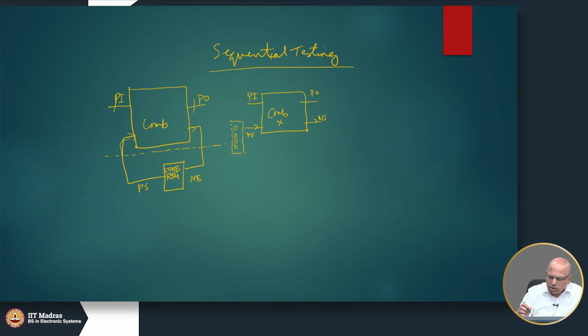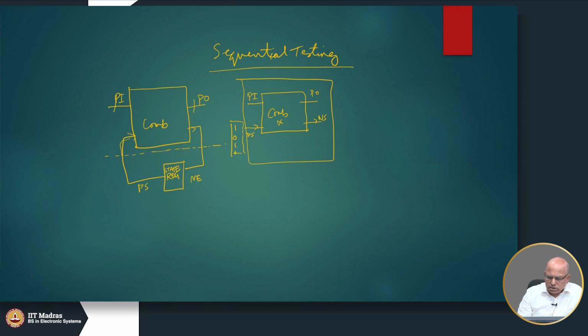So, unfortunately, when I look at this combinational logic, in order to activate and propagate the fault to one of the outputs, it may require a particular state. It may ask you to go to this particular state.